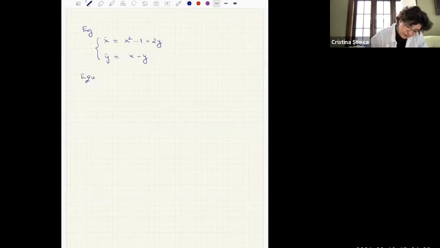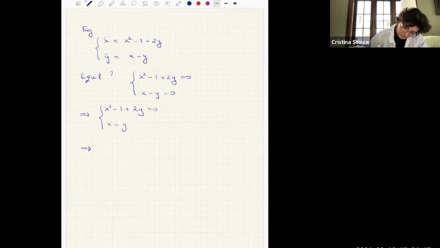We'll do this a lot. They are found by solving this. So we end up with x squared minus 1 plus 2x is 0, and x is y, from where we end up that x minus 1 squared is 0 and x is y, from where we end up that x is 1 and y is 1.